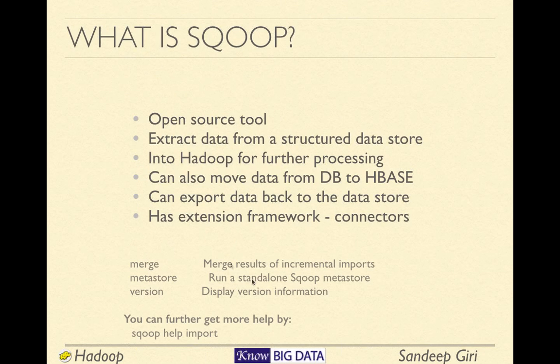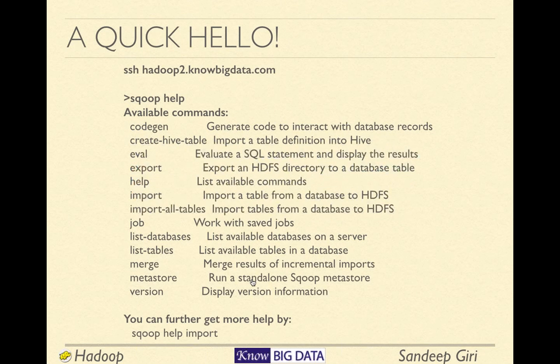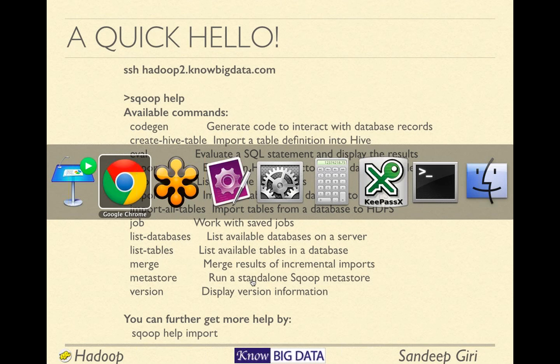And in case you want to create your own connector and the existing ones are not fitting, you can write your own connector. That's the extension framework. These connectors are also available in Java, JDBC compliant, which means you can pull in data from every place. So if you go to the command line, you will see something called Sqoop.